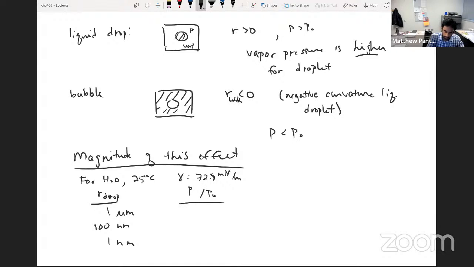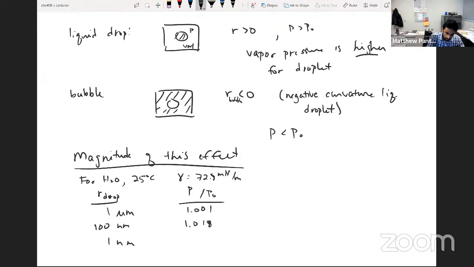So for 1 micron, this is 1.001, so we get essentially an increase in vapor pressure of 0.1%, which is small. As we go down in size, it's 1.018, so about a 2% increase in vapor pressure here.